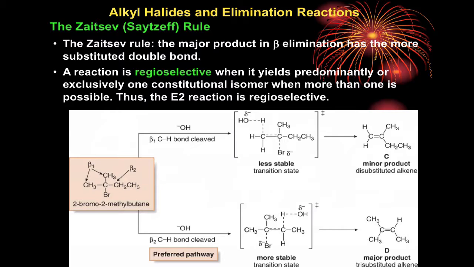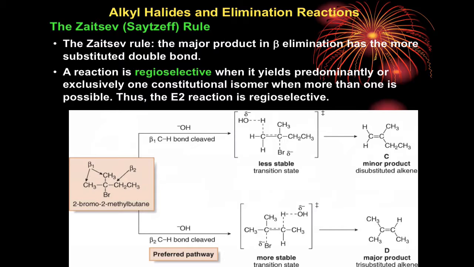Why is this transition state less stable than this transition state? What is the transition state starting to look like? Is it starting to look like an alkene or an alkyl halide? It's starting to look more like an alkene, right?